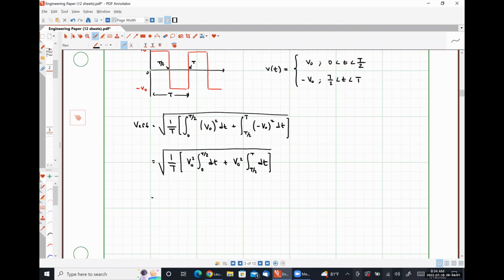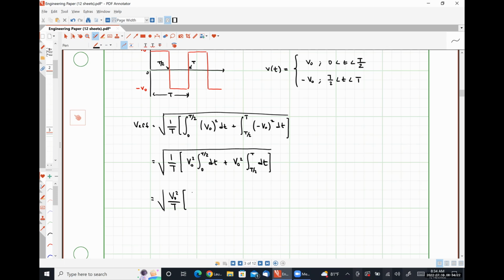And what I can do now is pull that factor of V naught squared out, so that I'll have V naught squared over T. And now I'm going to do the integration. Well, the integral of dt is just t.